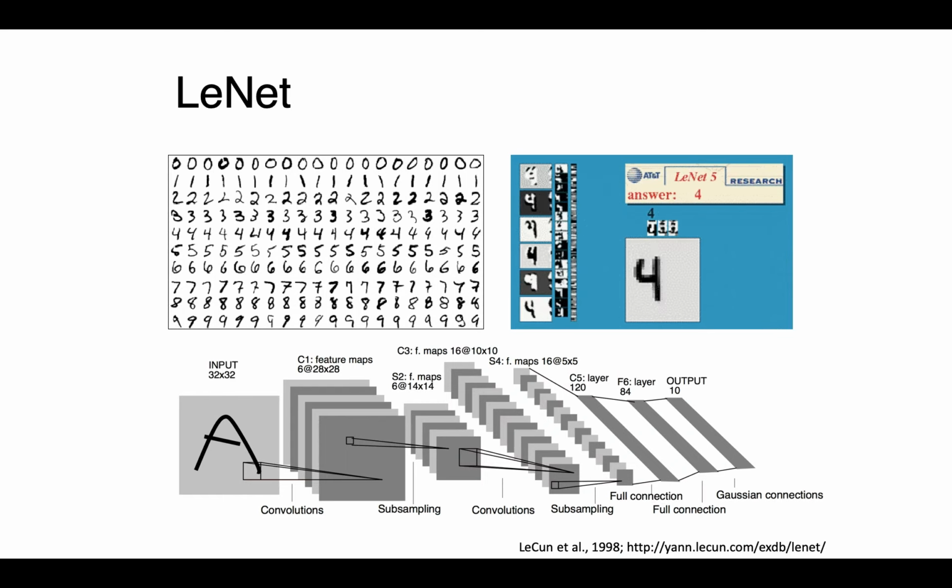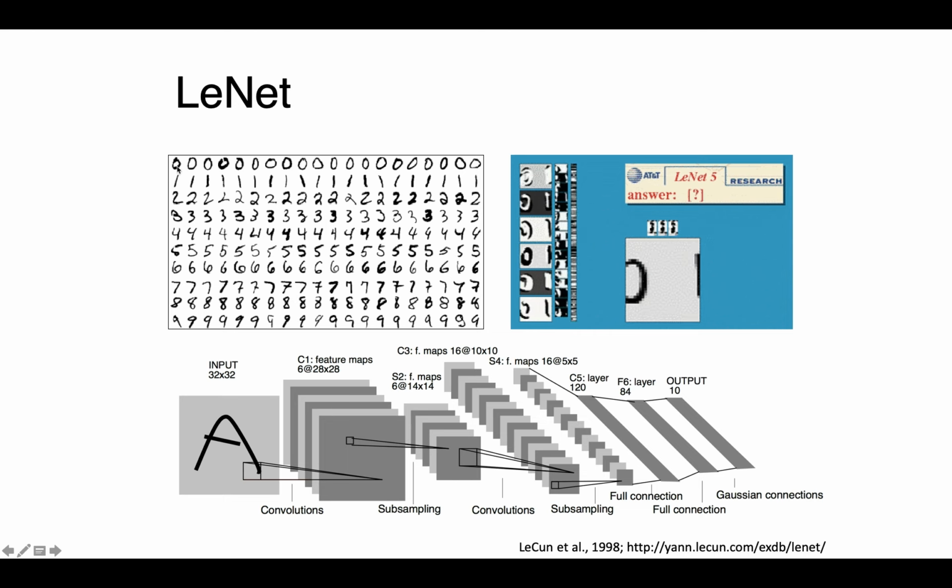So here, let's introduce LeNet. It was developed by Yann LeCun, and at the time he was also collaborating with Yoshua Bengio, when they were colleagues. This is a convolutional network developed to recognize handwritten numbers.